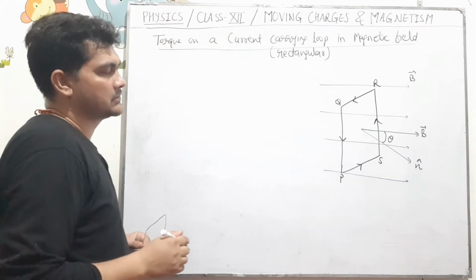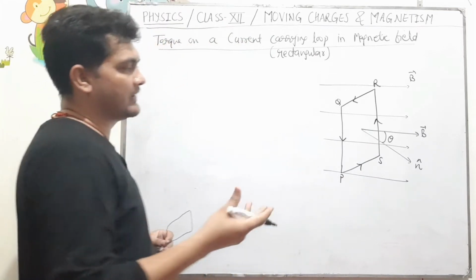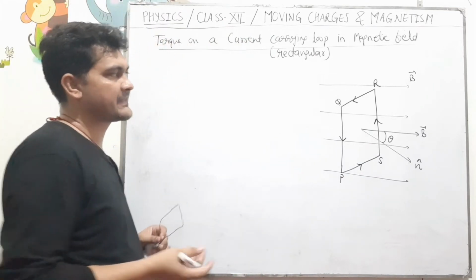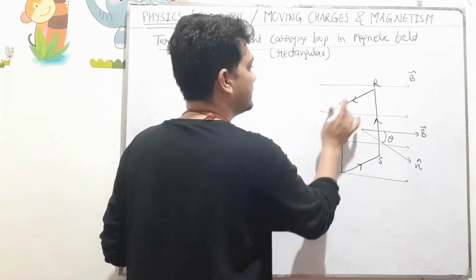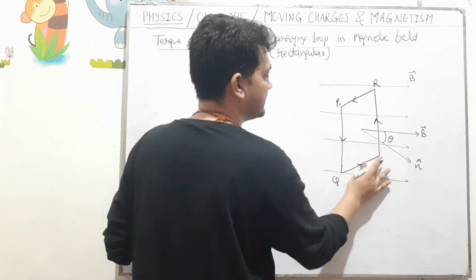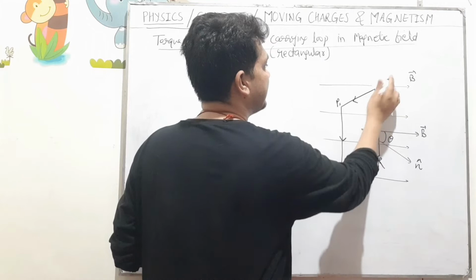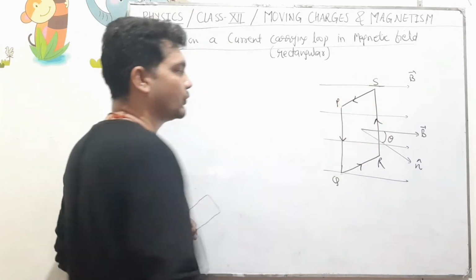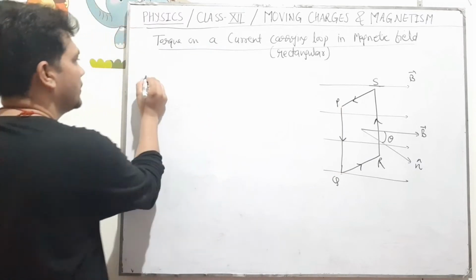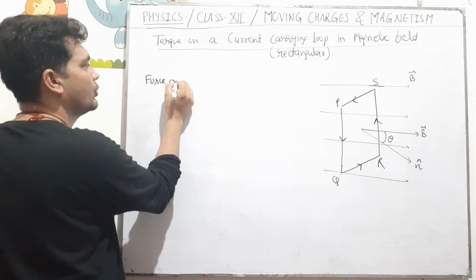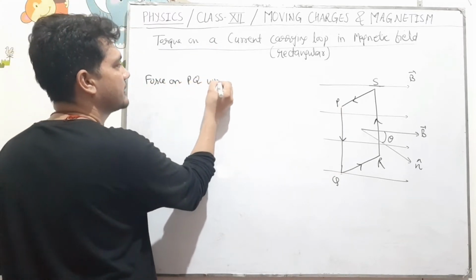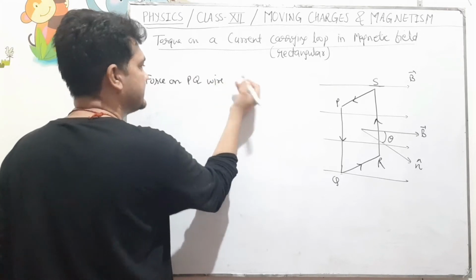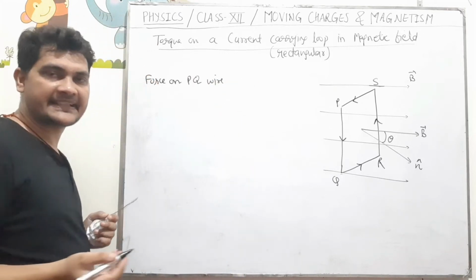Now let us see what is the force on all wires. Suppose this is P, this is Q, this is R, and this is S. Now let us see what is the force on PQ wire. The force is given by BIL sin theta.